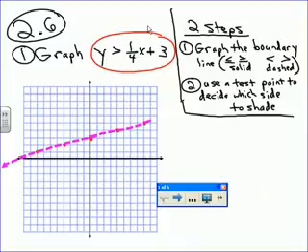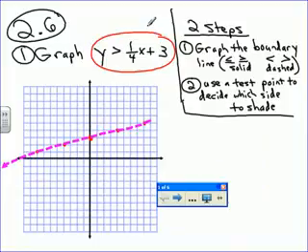And then how do we decide which points are solutions? How do we decide that? Yes, we'll just plug in a point. You can't really say for sure if it's above or below unless you test a point.